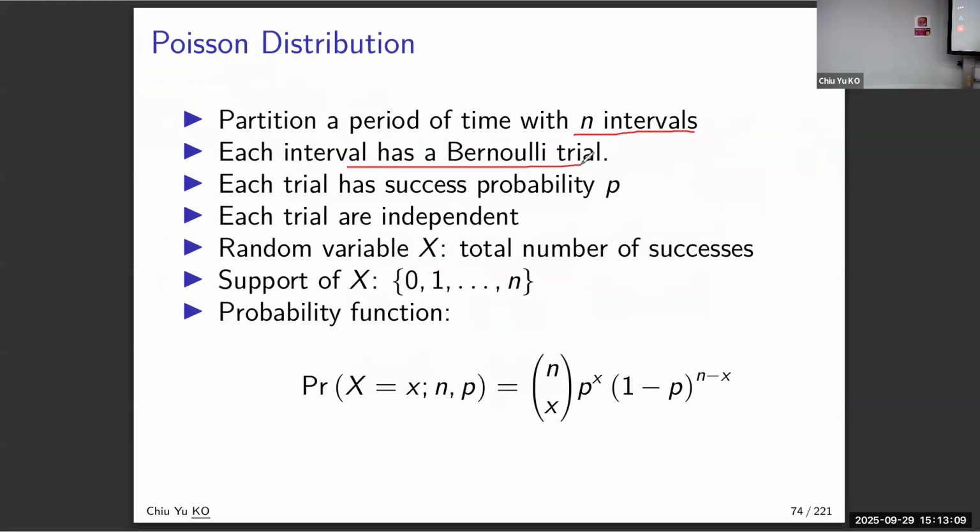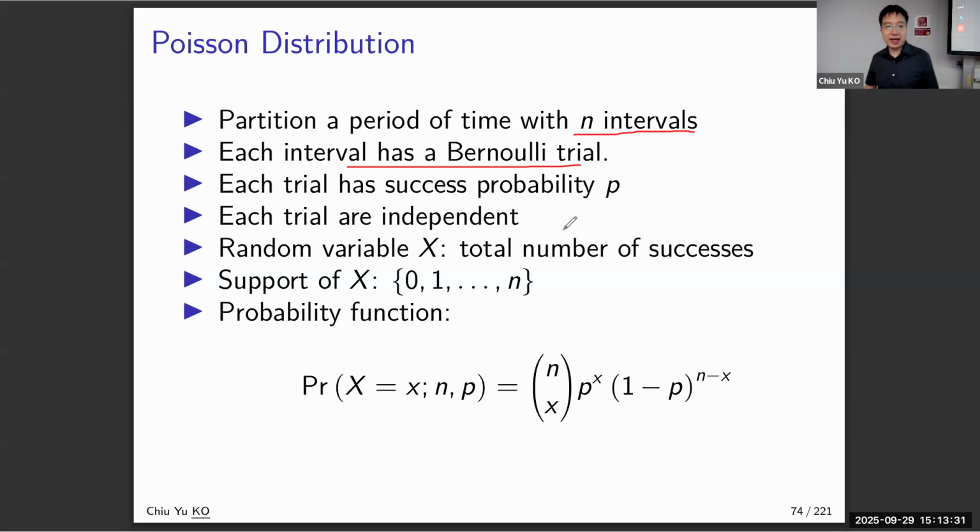The trial has success P and fail 1 minus P. If some people come in, it's success. If no people come in, it's fail. Asking how many successes, that's nothing different. This is exactly the same as what we have seen, so this is the same formula. There's nothing new there.